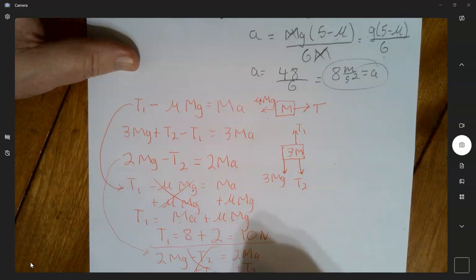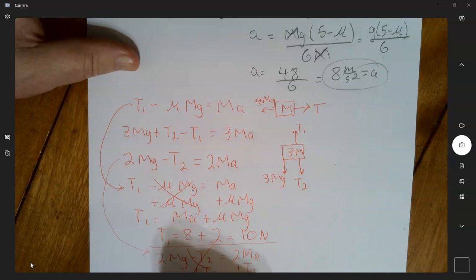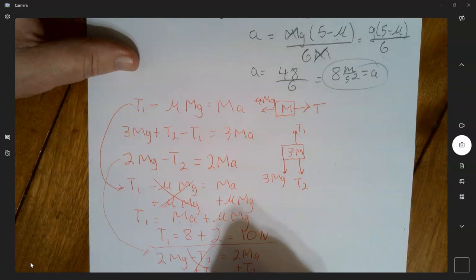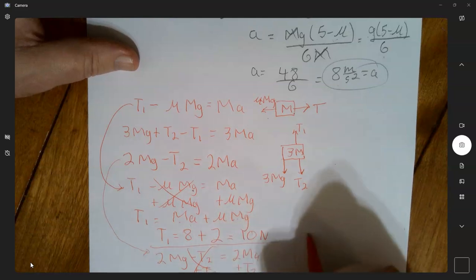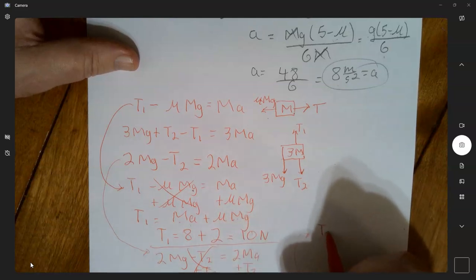Subtract 2 ma. So T2 is by itself. I'm going to bring it over here where I have some space.